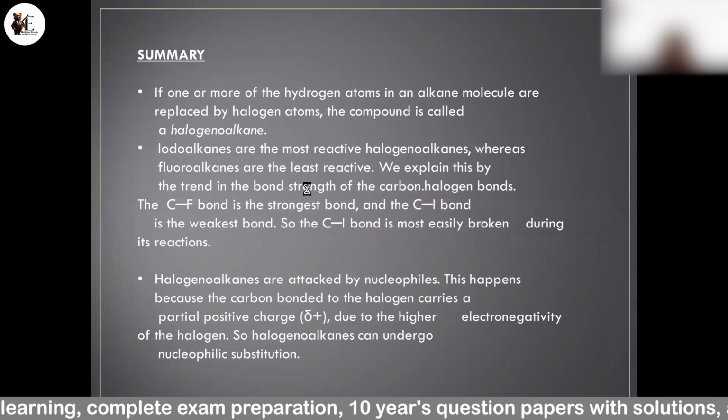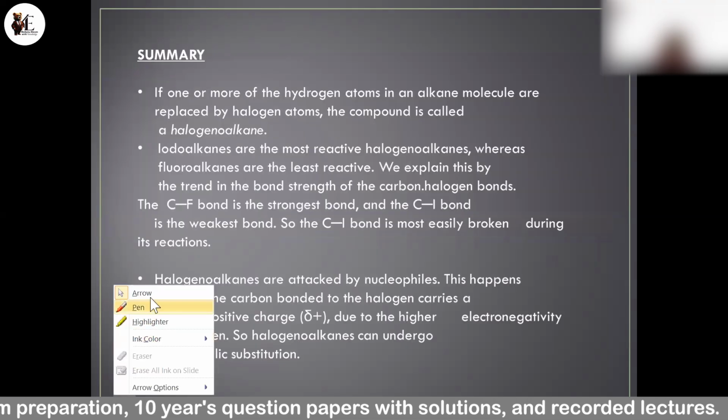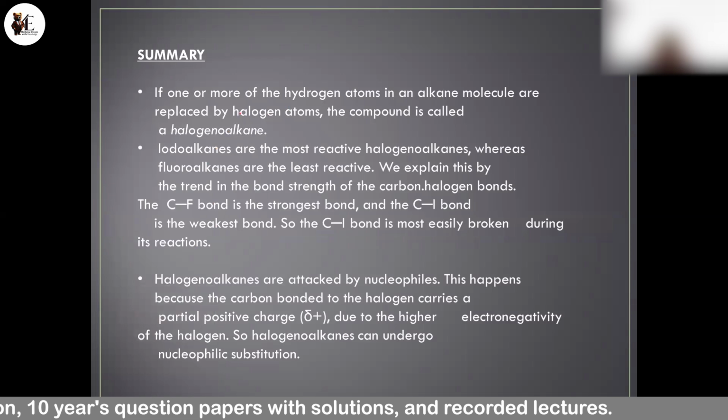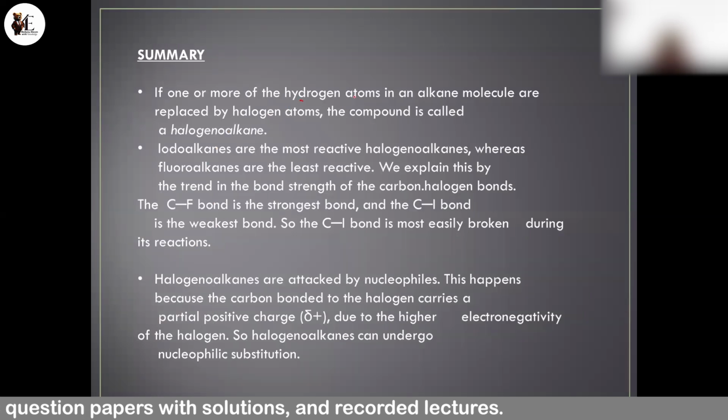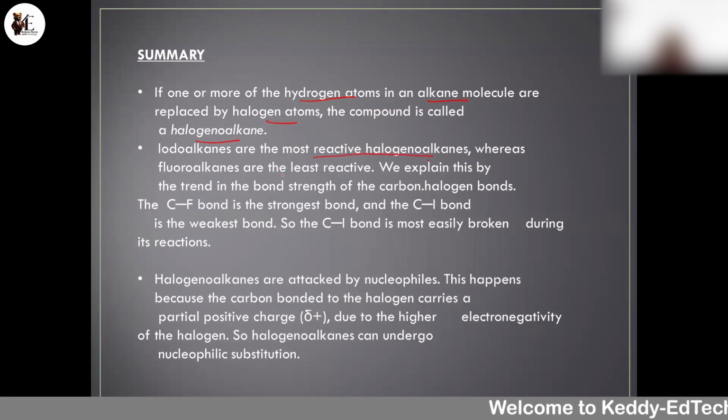So what we have studied, actually the chapter is completed in your course, only this part is there. If one or more of the hydrogen atoms in an alkane molecule are replaced by halogen atoms, then it is called a halogenoalkane. Iodoalkanes are the most reactive halogenoalkanes, whereas fluoroalkanes are the least reactive.